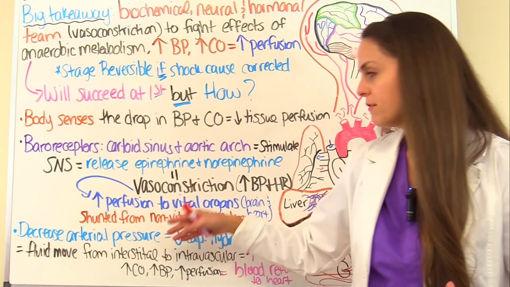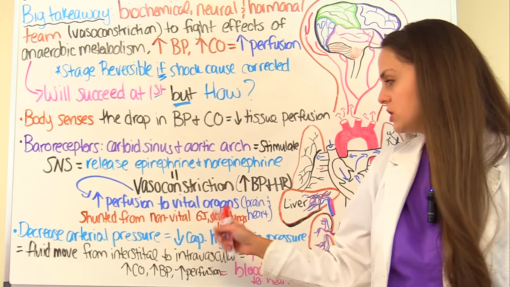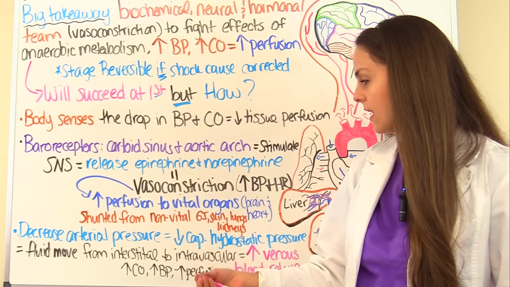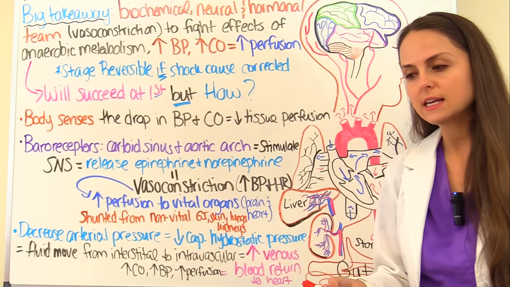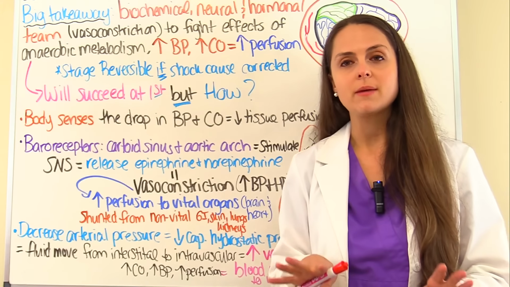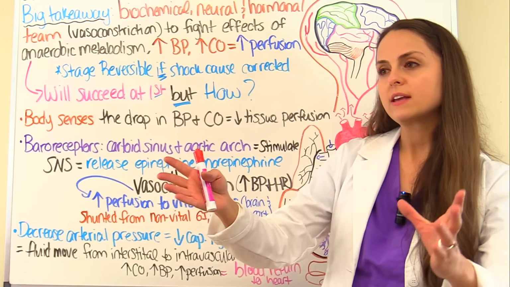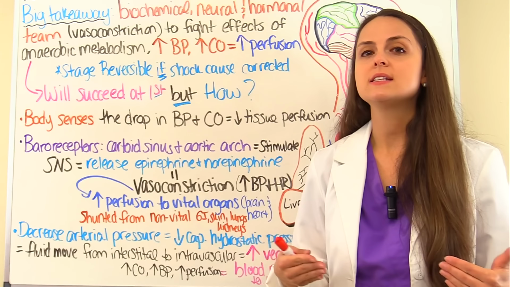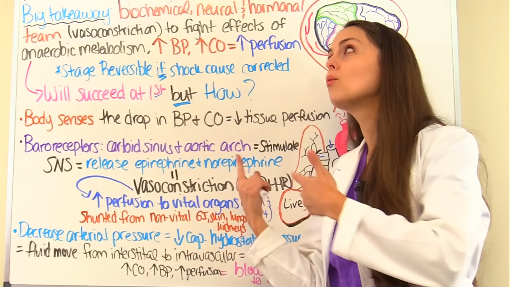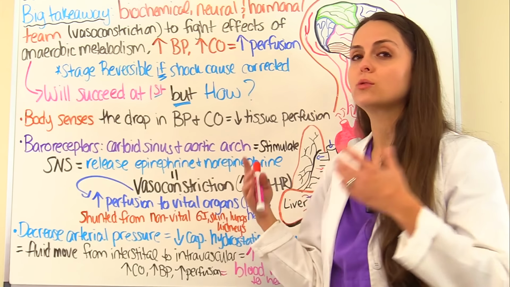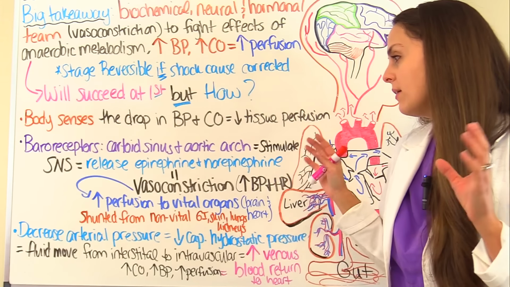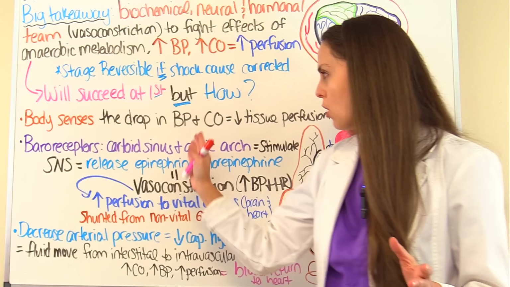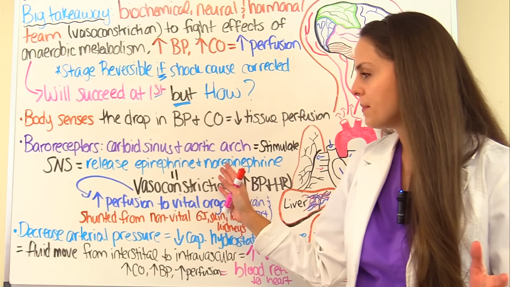And it's shunted away from those non-vital organs like the GI system, the skin, the lungs, and the kidneys, especially the kidneys, which we'll get to in a moment. Whenever the kidneys receive decreased blood flow, they actually activate their own system, which plays a role in this compensatory stage.